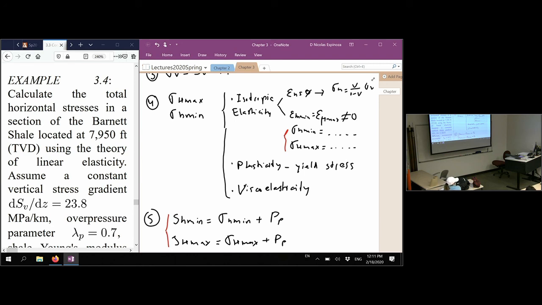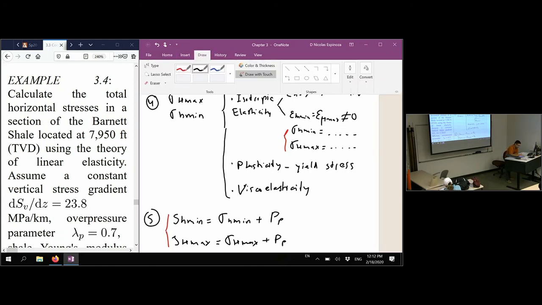Elasticity. Yeah, but on the right, it says epsilon h min equal to epsilon h max. Actually, it should be different. Above it says epsilon h equal to 0. Let me write it again because it's so hard to write with this thing.